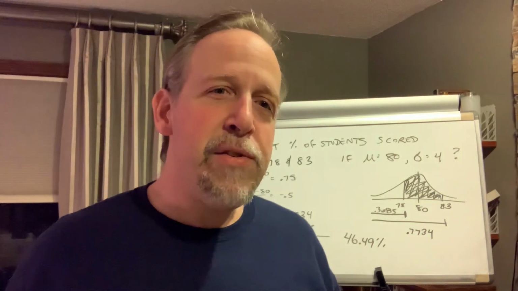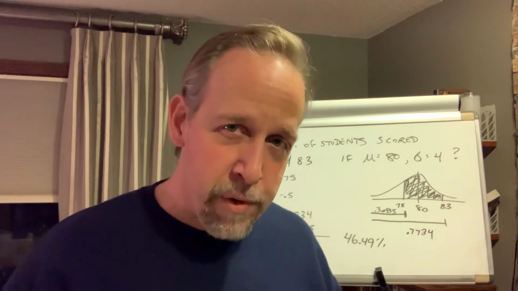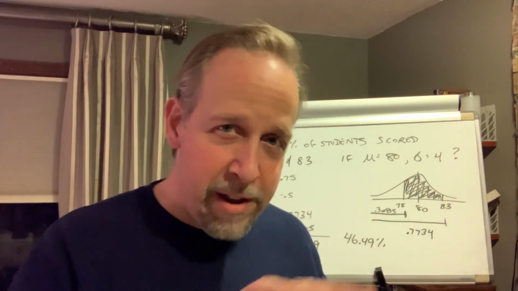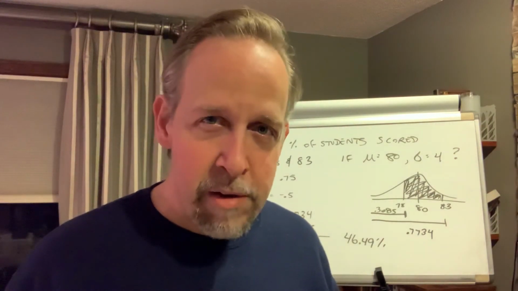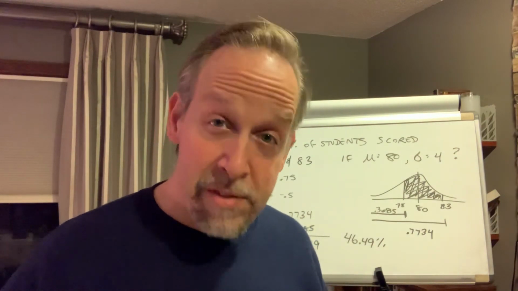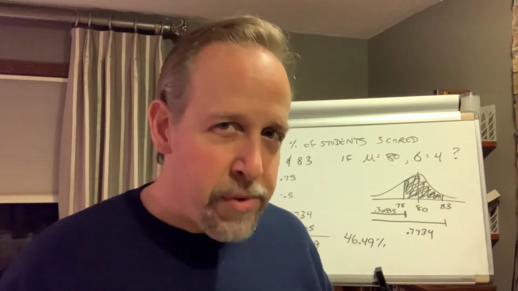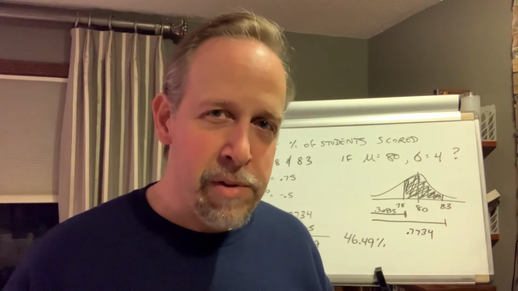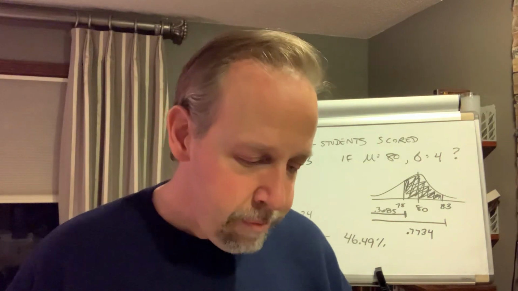So you could find z-scores that denote certain percentiles as well if you just go backwards from the table. Find within the body of the table the number you're looking for, the percentile you're looking for, and you can back out to see what the z-score would be for that percentile. So if you're asked to find the score that is the 90th percentile, you could find the z-score for the 90th percentile and set it equal to x minus the mean over the standard deviation and solve with algebra.